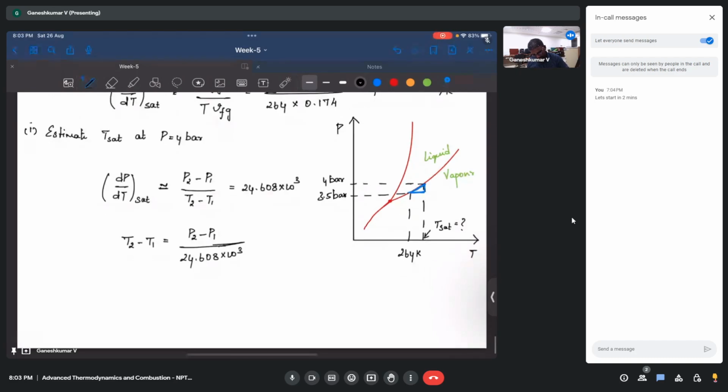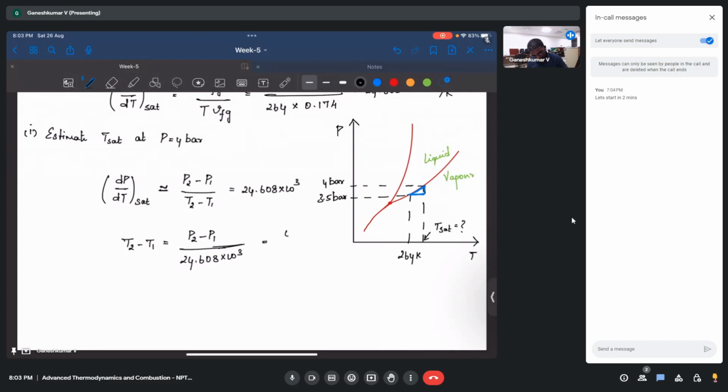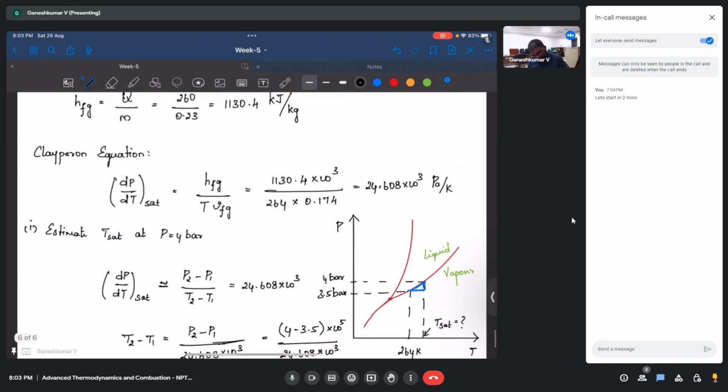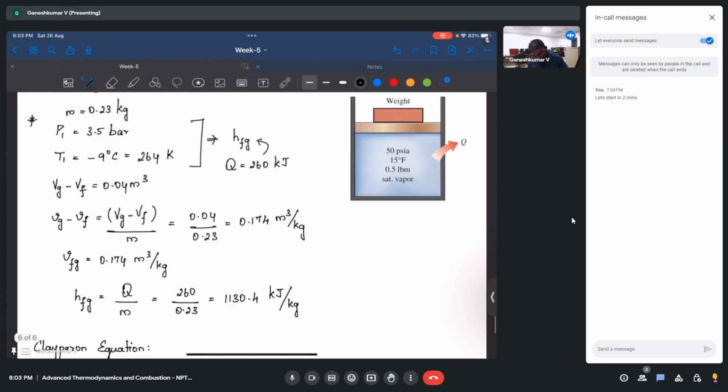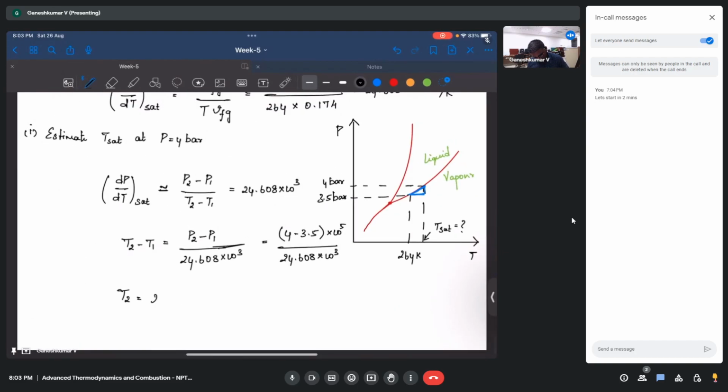P2 minus P1 is nothing but 4 minus 3.5 bar, and since it's in bar, I'm putting a 10 power 5 over here, divided by 24.608 into 10 power 3. T1 is going to be 264 Kelvin. That's what we used, right? So T2 is 264 plus 0.5 into 10 power 5 divided by 24.608 into 10 power 3.